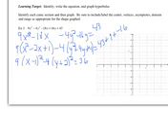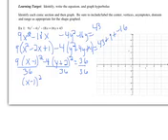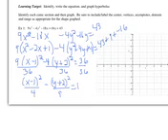Then for standard form, we have to divide by 36 so that we get it equal to 1. And our equation for our hyperbola becomes x minus 1 squared divided by 4 minus y plus 2 squared divided by 9 equals 1.